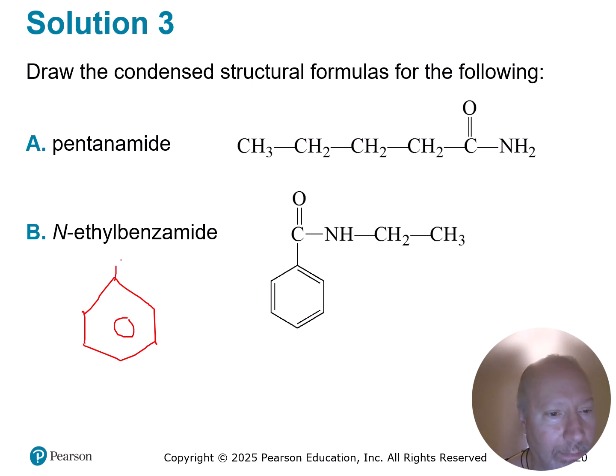We would have the carbon, the double bonded oxygen, and the carboxylic acid. And of course, this would have been a primary amine, which would have been an ethylamine that we would have had here.